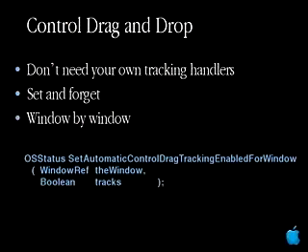Now, there's a much easier way to get support for drag and drop in your application, and basically it involves telling the control manager for a given window, just handle tracking. You don't need to install tracking handlers. You don't need to install drop handlers. Everything is taken care of for you automatically. And you give up a certain amount of control over the process, but we think in the majority case, people will just simply turn it on and forget about it.